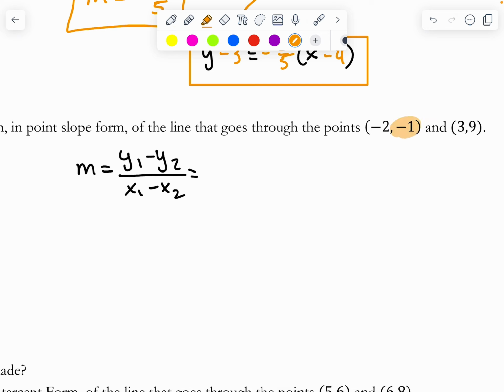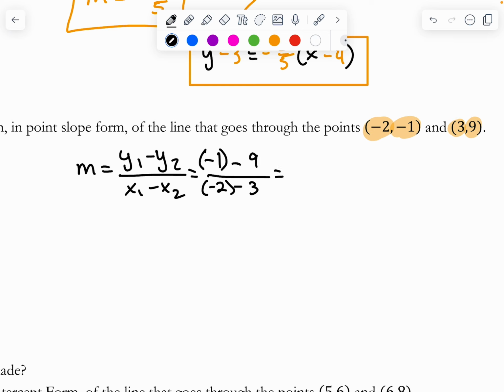My first y is negative 1. All right, plug that in if this would just stop lagging for a minute. My second y is 9. My first x is negative 2. And my second x is 3.